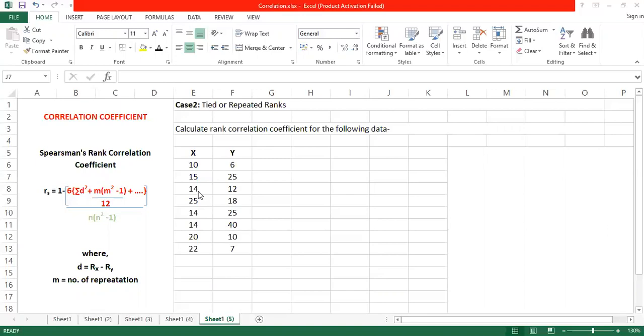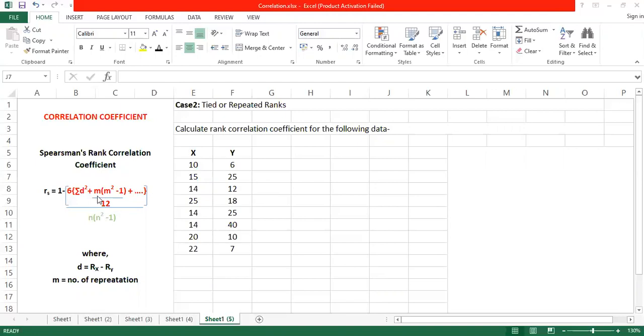Like if 10 is repeated, so for 10, you will have 1. If 15 is also repeating, then for 15, we need to add 1. If 14 is also repeating, you need to add for 14 also, right? And same if it is for y, again, one more addition. So that is why it has been written only once and then dot dot, right?